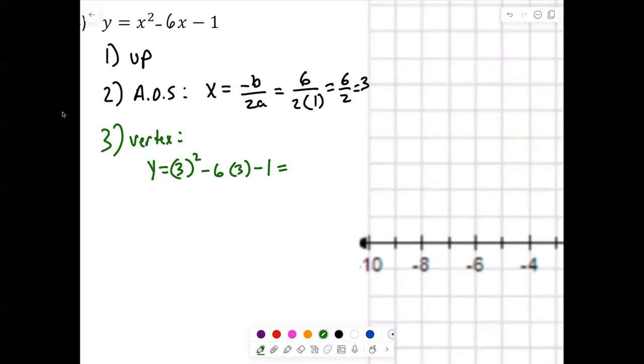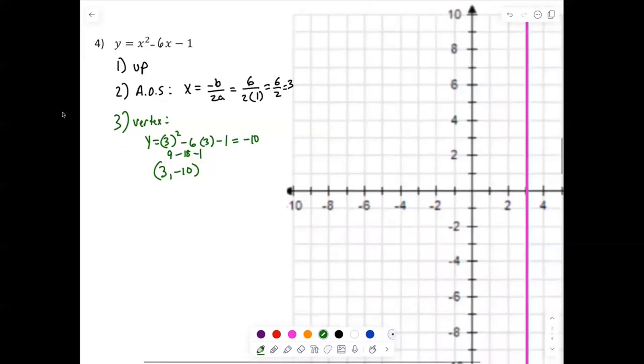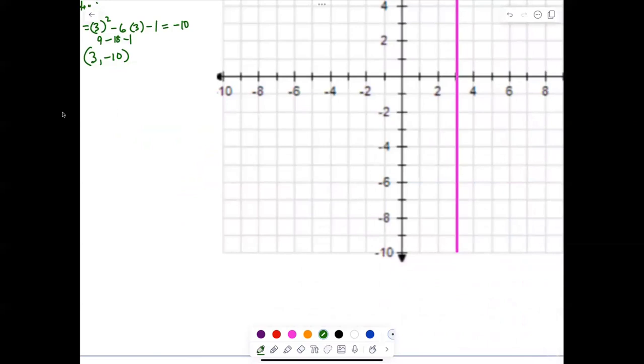I need help with 3 squared minus 6 times 3 minus 1. Negative what? Negative 10. 3 squared is what? 9 minus 18 minus 1. So my vertex is 3 comma negative 10. So everybody has to go to 3 negative 10. Put a dot at 3 negative 10.